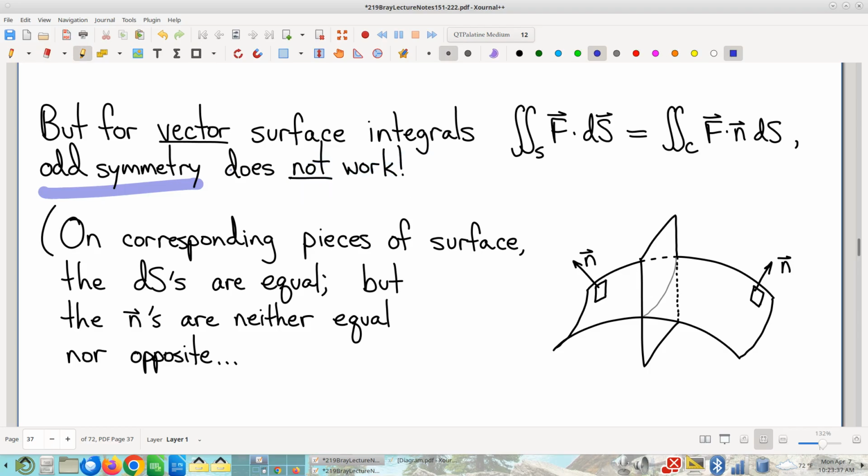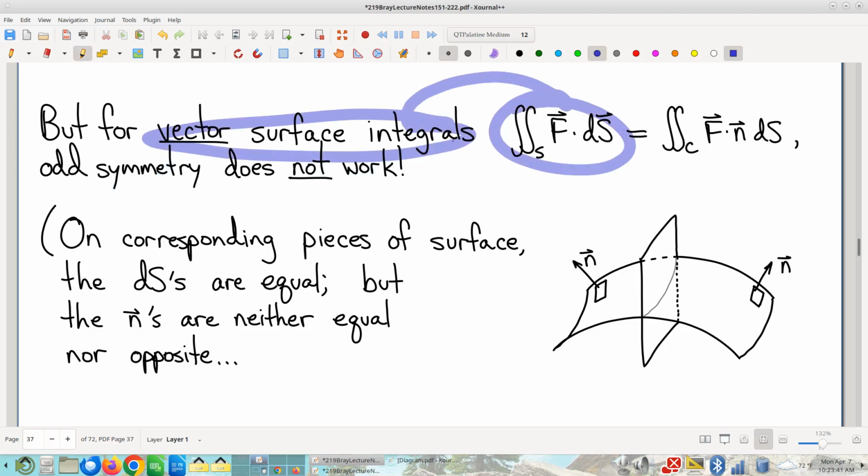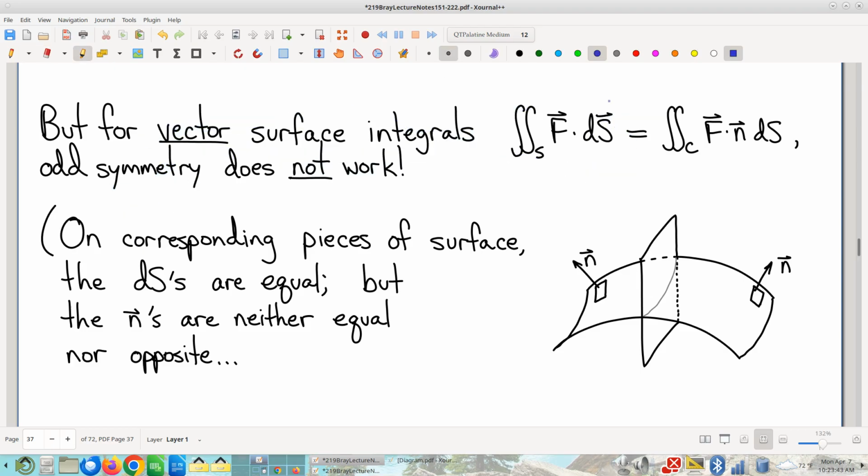Now, why doesn't it work? Well, if you have a vector surface integral like so, keep in mind you can rewrite that dS vector like so. Now let's think about this unit normal that's hidden inside of the dS vector, and look how it behaves in an example like this.